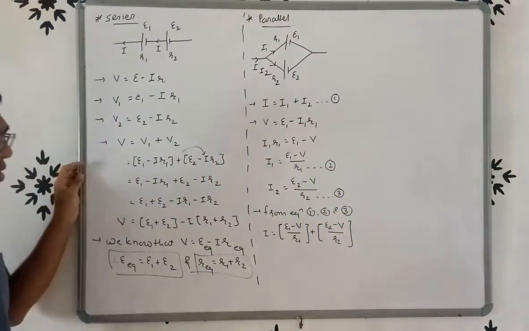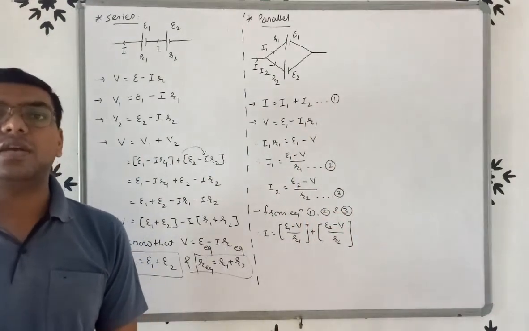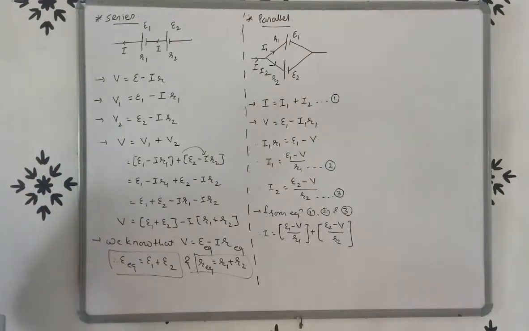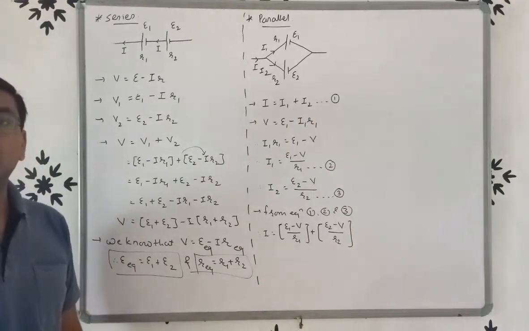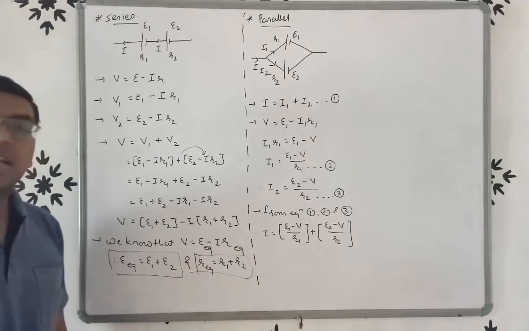Right? So here we have to find the equivalent EMF. So we have to formulate the potential V, because we have to find the potential in the form V is equal to E equivalent minus I R equivalent.